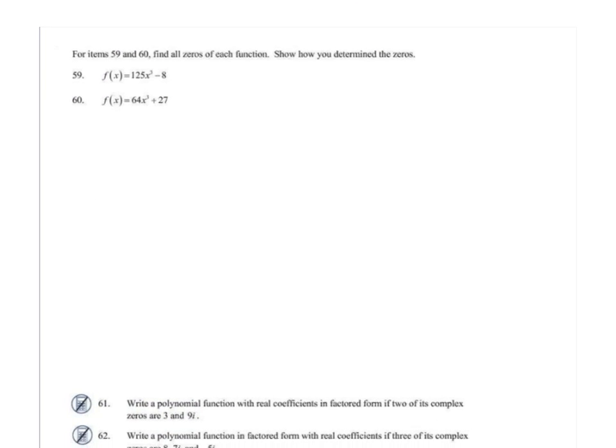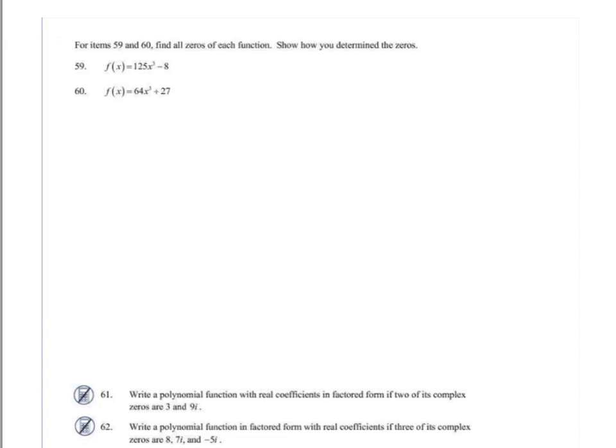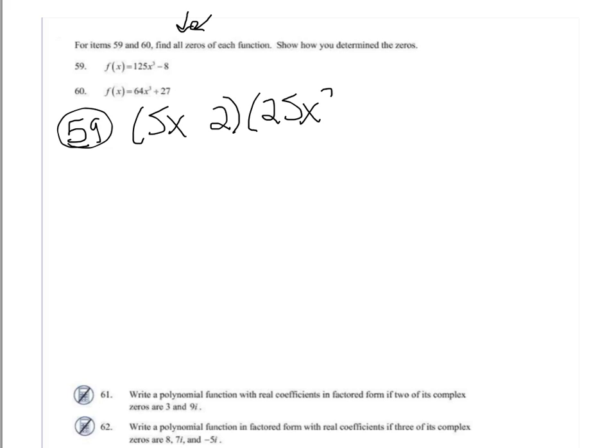For 59 and 60, they say find all zeros, not just real zeros. So technically, it says you can use your calculator. However, you'll only be able to see the real zeros when you use your calculator. If you factored these sums and differences of cubes, the trinomial, when you factor, is going to give you two imaginary solutions.